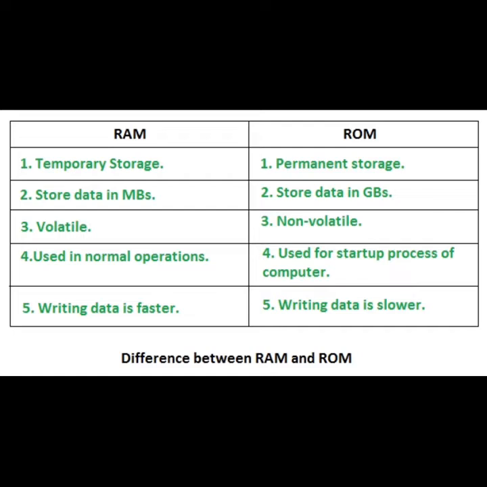As I told you, RAM is temporary memory, that's why it is known as volatile memory, and ROM is permanent memory, that's why it is known as non-volatile memory. RAM is used for normal operations, ROM is used for the startup process of the computer. In RAM, writing data is faster. In ROM, writing data is slower. So this is all about RAM and ROM.